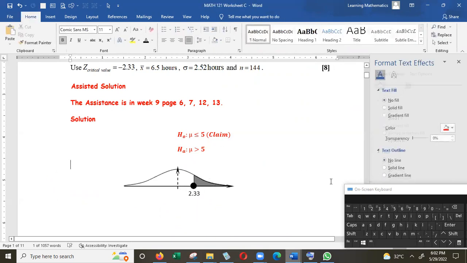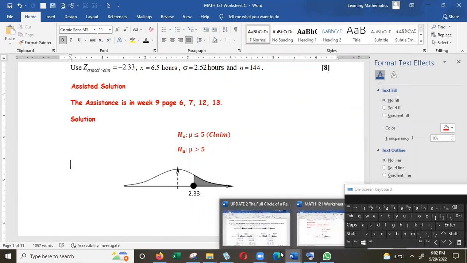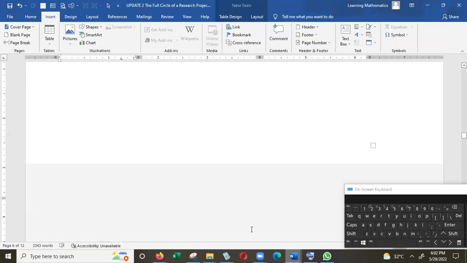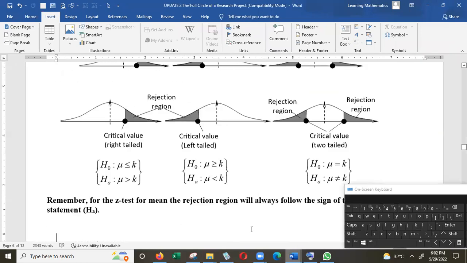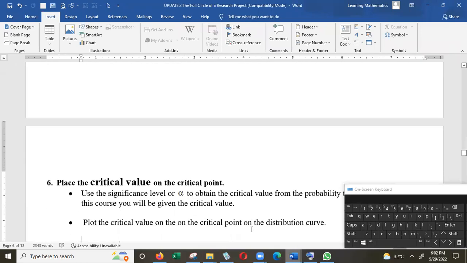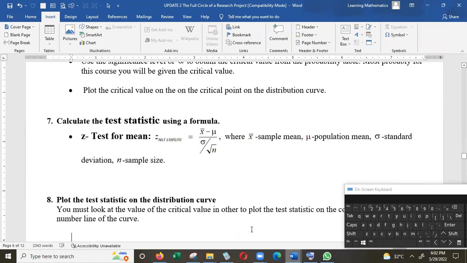Okay, so now, as the following step says, we need to calculate the test statistic. Here is the formula for the z-test statistic, and we are going to do that now.